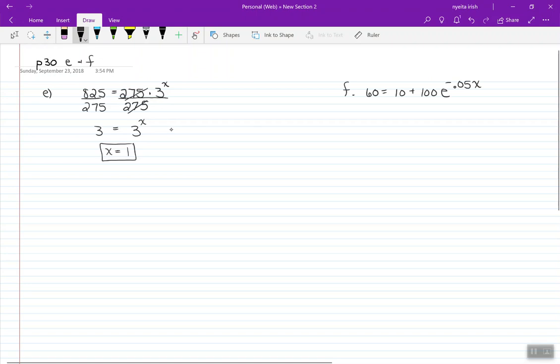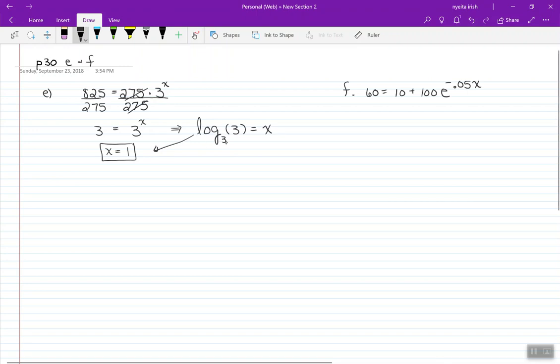Now, if you didn't realize that, you could go back to, well, it's an exponential, so I need to rewrite it as a logarithm. This is kind of going the long way about the problem. Log base 3 of 3 equals the power. And you could use a property of logarithms that would say the answer is 1.